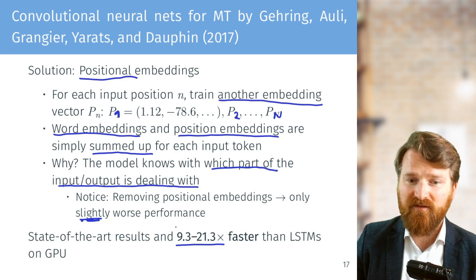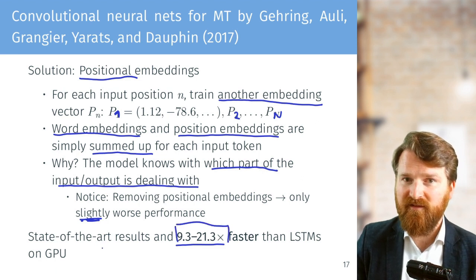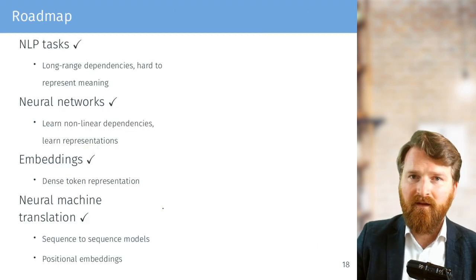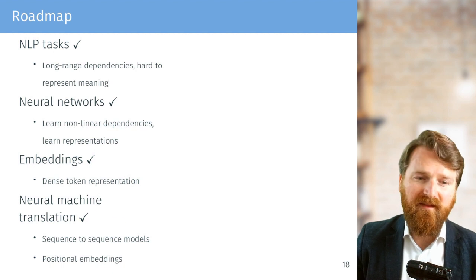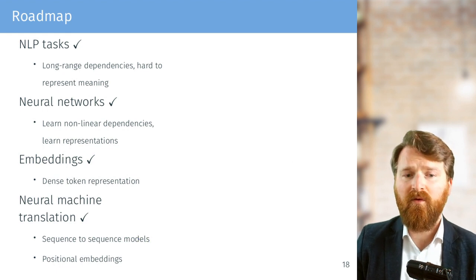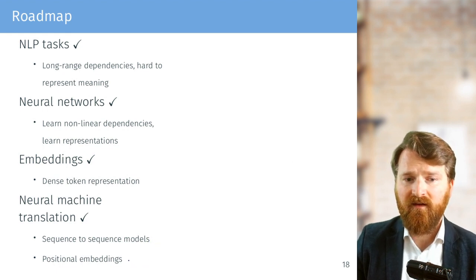It's a real speedup. And given that the performance is the same, this is a superior architecture. Which means we could wrap up the neural machine translation section now with sequence-to-sequence models, which are the standard approach but have some drawbacks. And then we saw convolutions and the concept of positional embeddings.